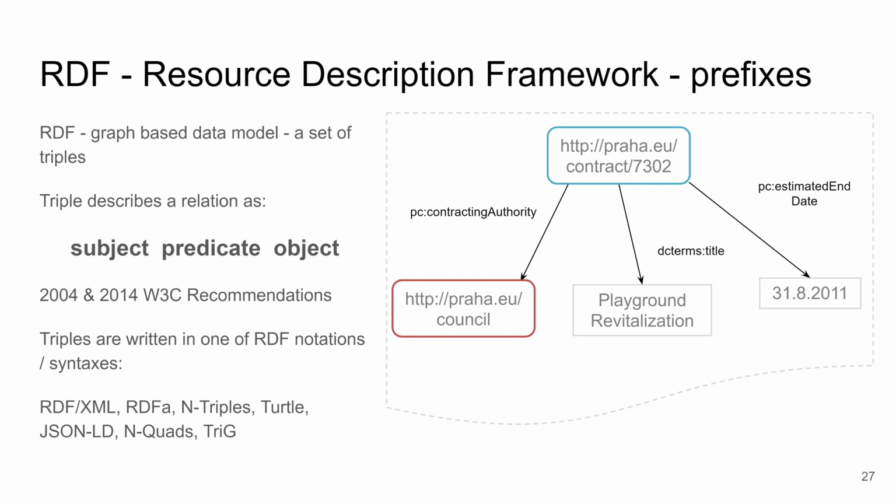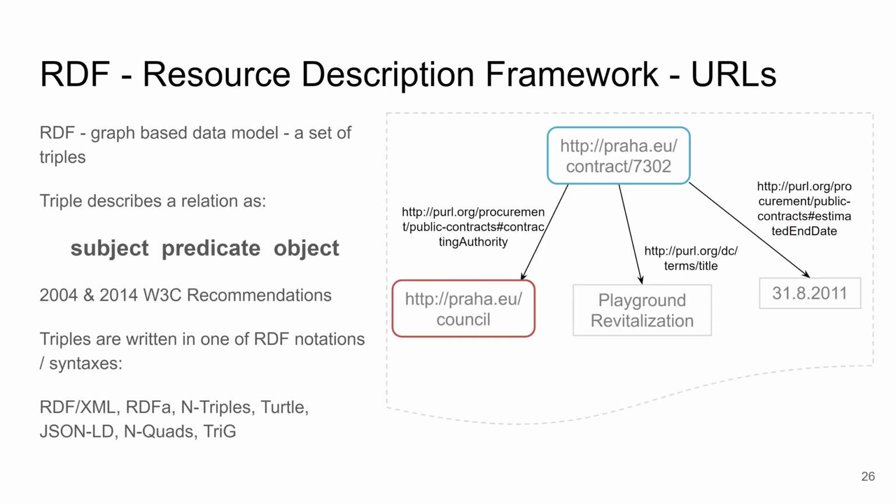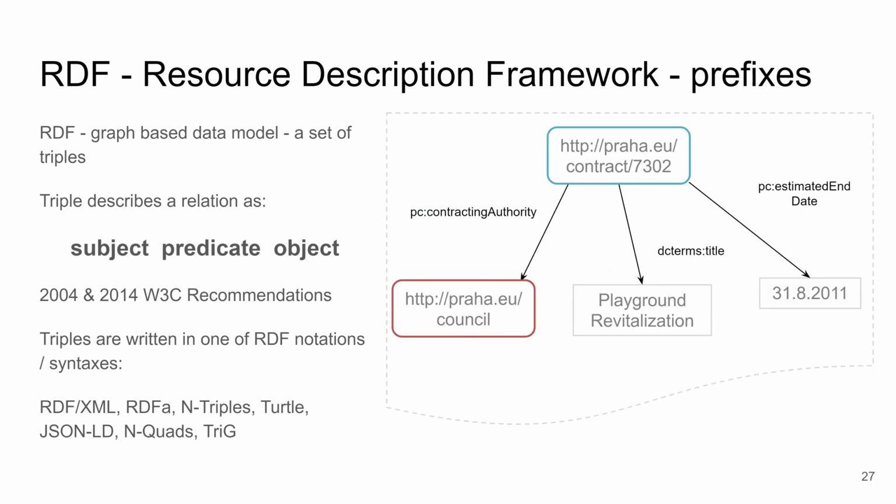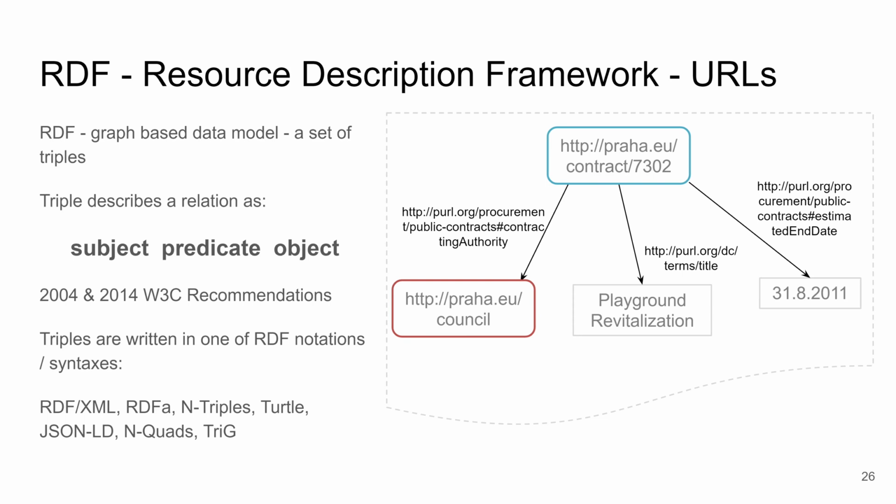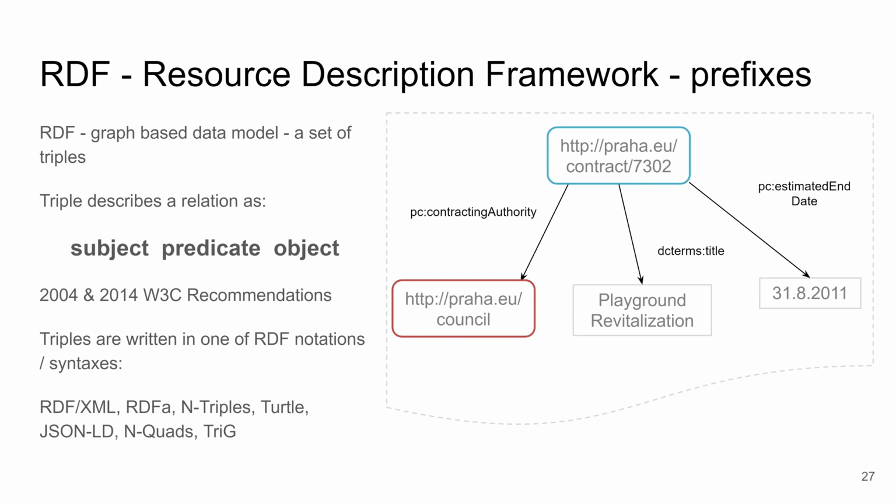There is a string, then a colon, and then another string. And the string before the colon actually represents a part of the URI called a prefix. So this and this is the same, and we can still read them as full URIs. They are just shorter and nicer to read.